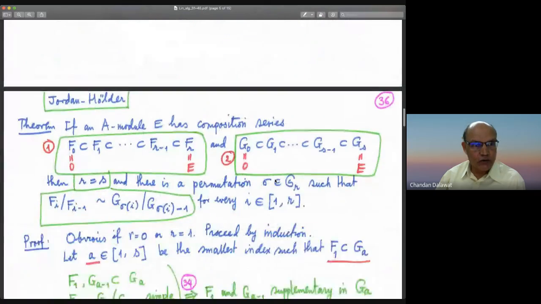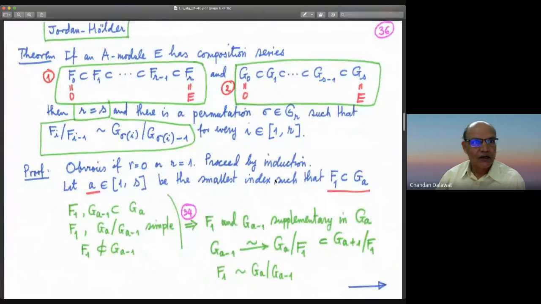Now, this Jordan-Holder theorem says that if I have two different composition series, this F series and this G series, F0, F1 up to FR and G0, G1 up to GS, if these are both composition series for the same module E, then their lengths are the same.